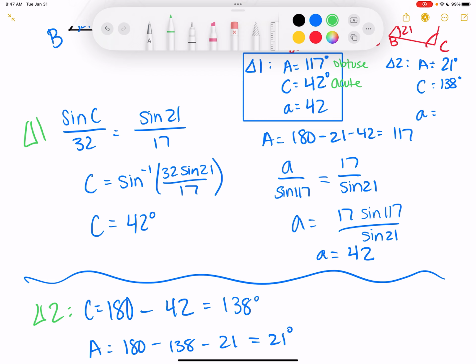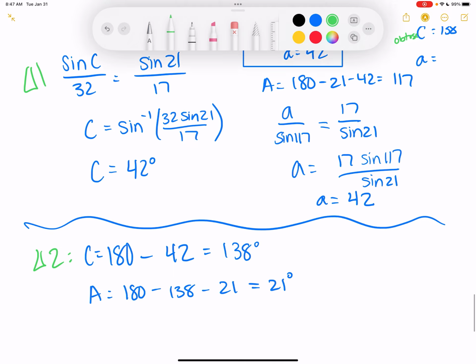Yeah, so they switched. And that's what's going to happen when you do the two triangles.